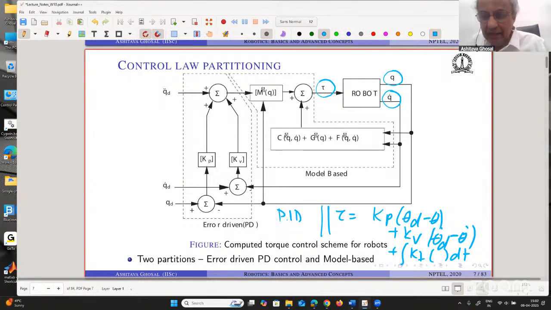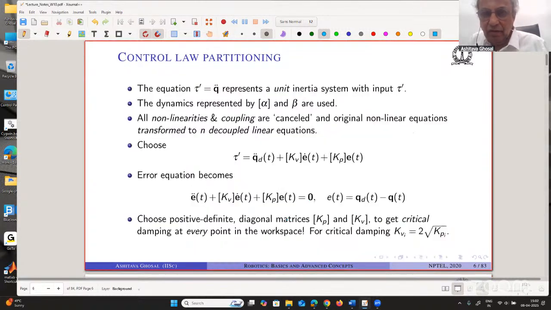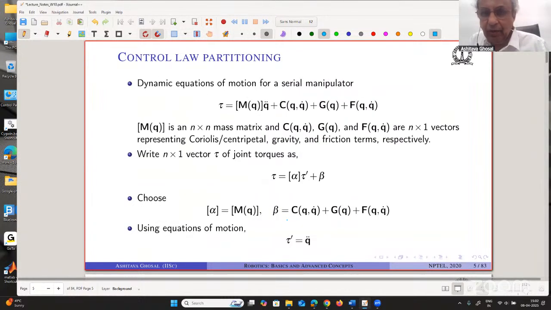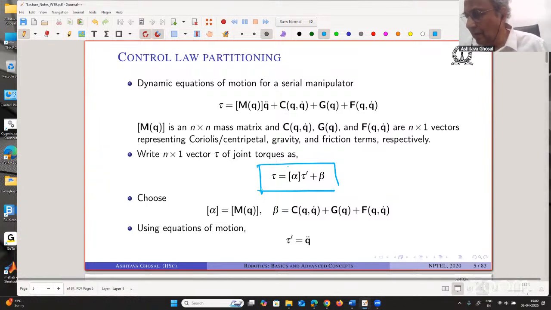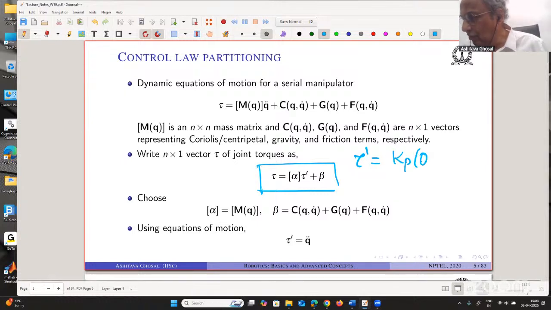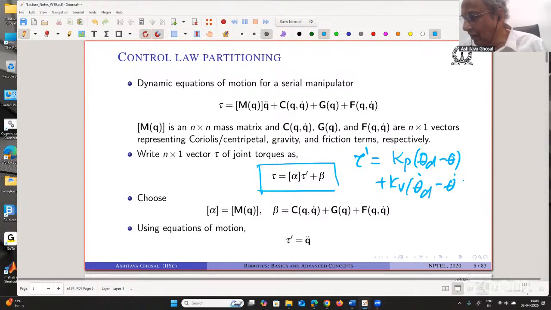So this is a normal PID controller. Instead of a PID controller, in a model-based controller, what we will do is the following. So in a model-based controller, this tau prime is the same as the PD controller. So it is Kp into theta d minus theta plus Kb into theta d dot minus theta dot plus some theta d double dot.